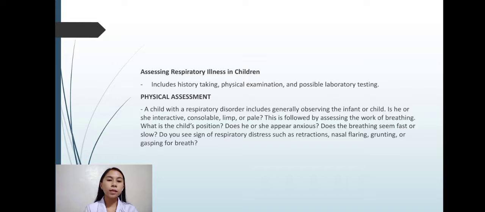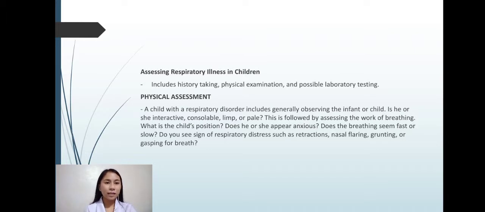Next, assessing respiratory illness in children includes history taking, physical examination, and possible laboratory testing. We need to know what is normal before we can assess what is abnormal.